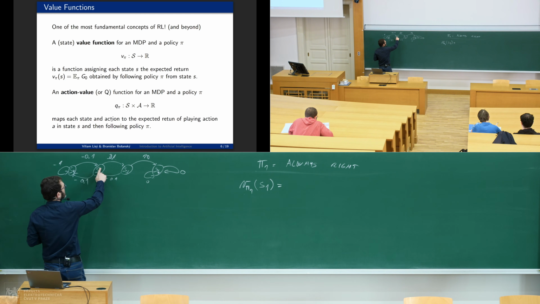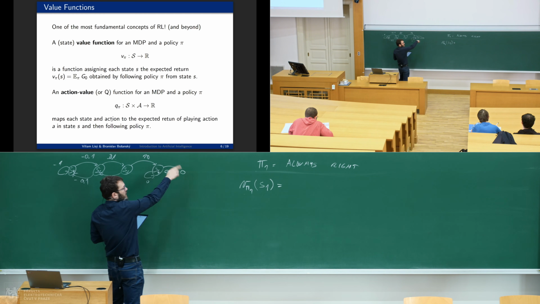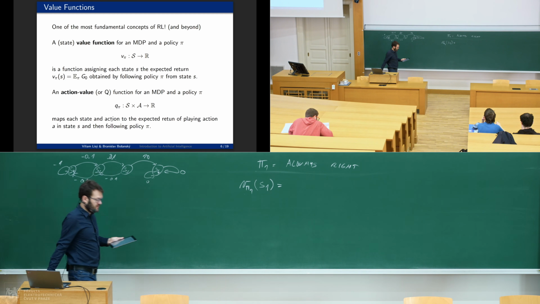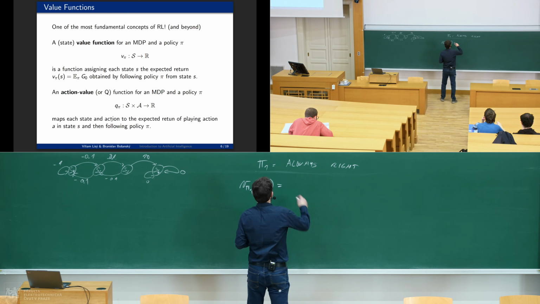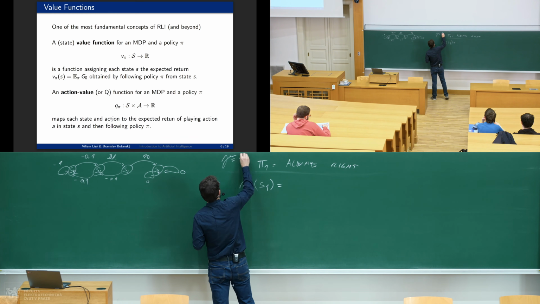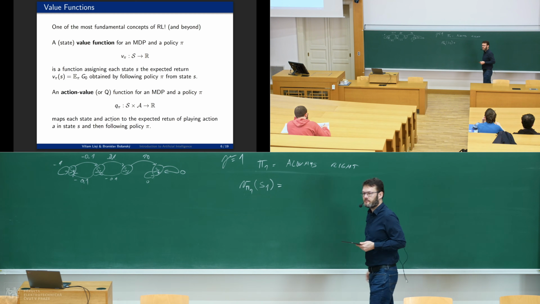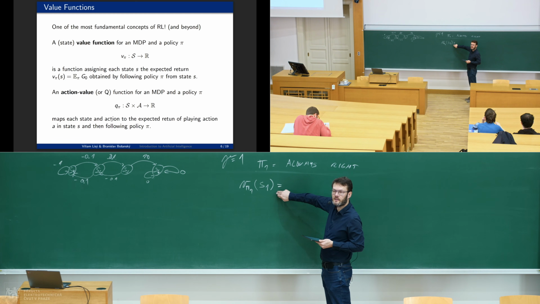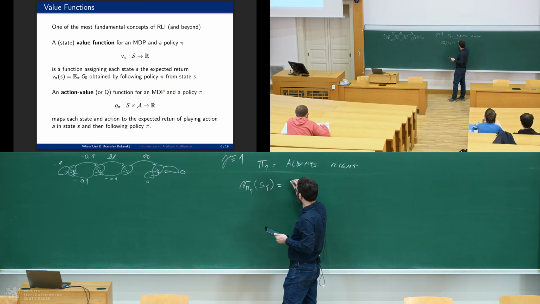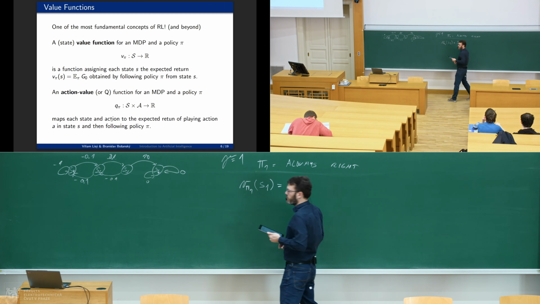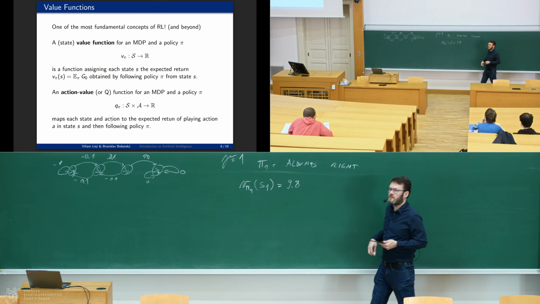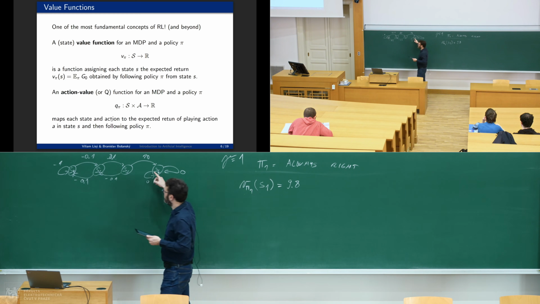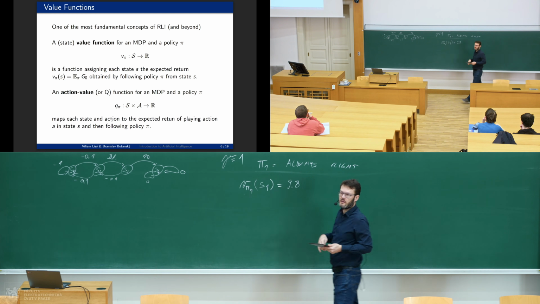So you will go right, right, right, right. And you want to compute the expected return. You need the discount factor, right? So let's say for now, just for simplicity, the discount factor will be 1. So we don't care about the discount factor. So what will be the value in that state? 9.8, right? Because we get minus 0.1, minus 0.1, and 10. And that's our expected return.